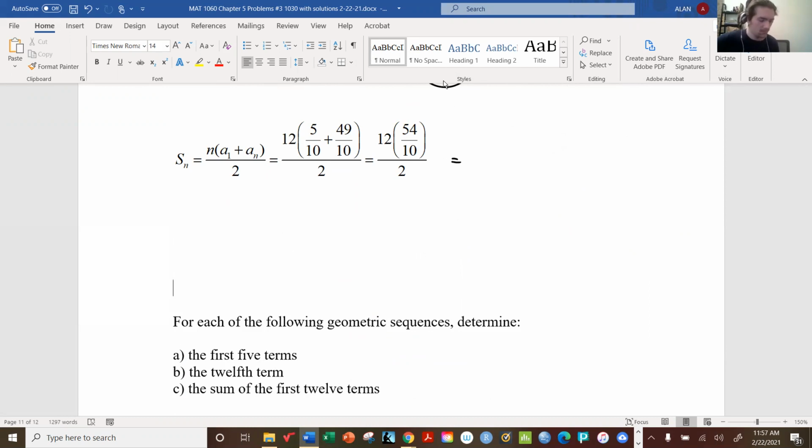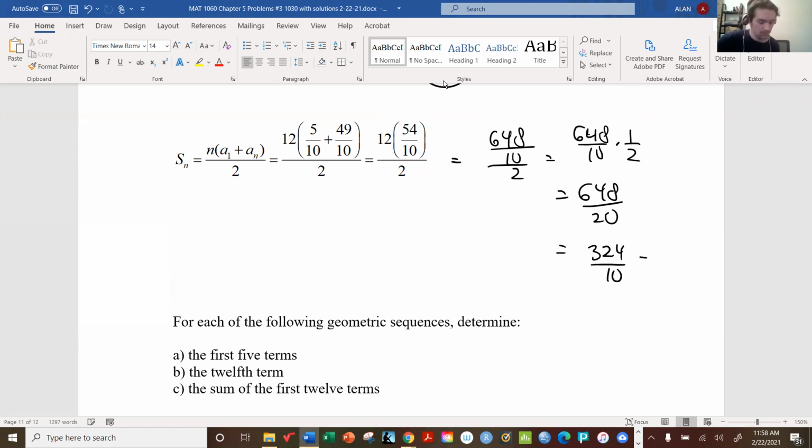So 12 times 54 is 648, over 10 over 2. So I have 648 over 20, which is 324 over 10, or 162 over 5, which is approximately 32.4.